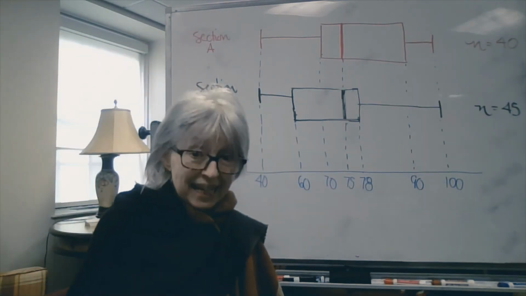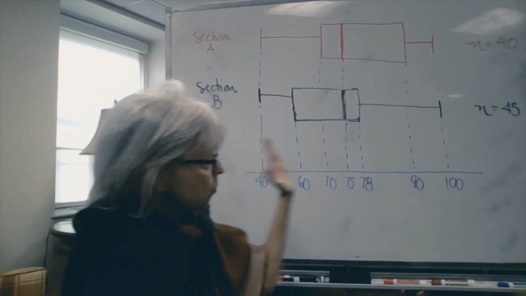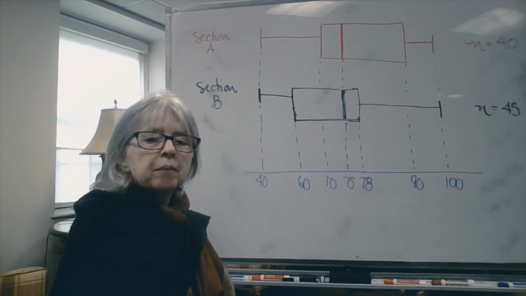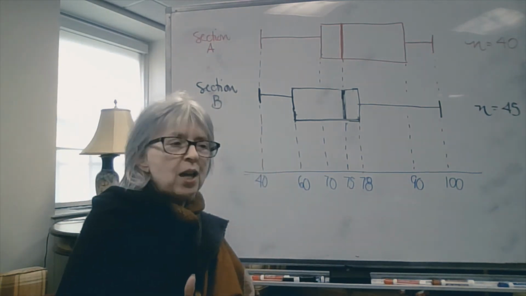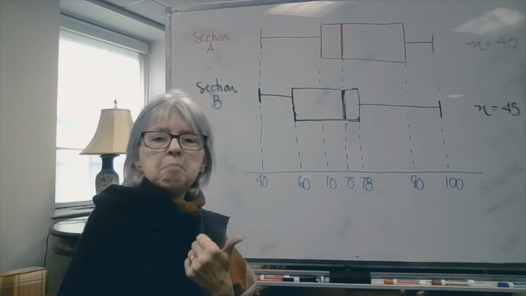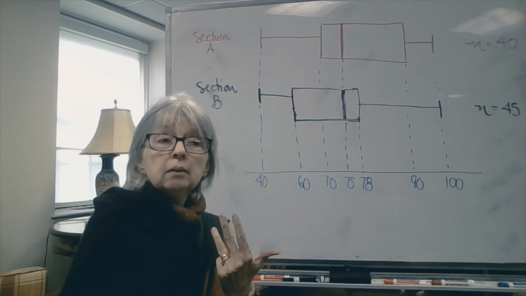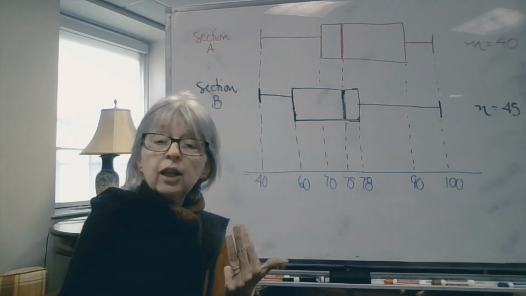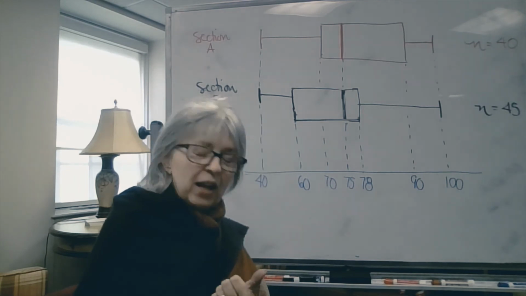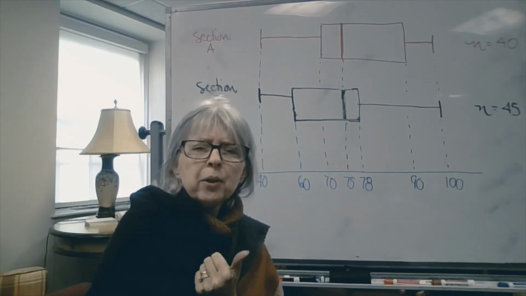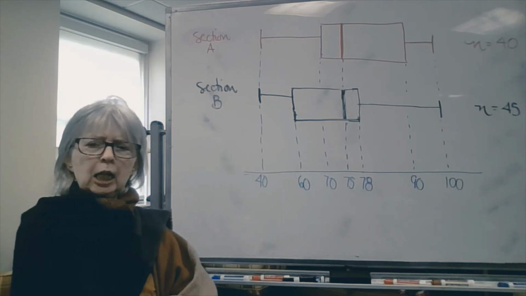But the box plot tells me that the mean is bigger than the median because my box plot is skewed right. And so if in comparing the two classes, I just looked at mean, median, high, low, well, the high, the low, the median were all the same. And then if I look at the mean, just that number, I'd say Section B is the best class.